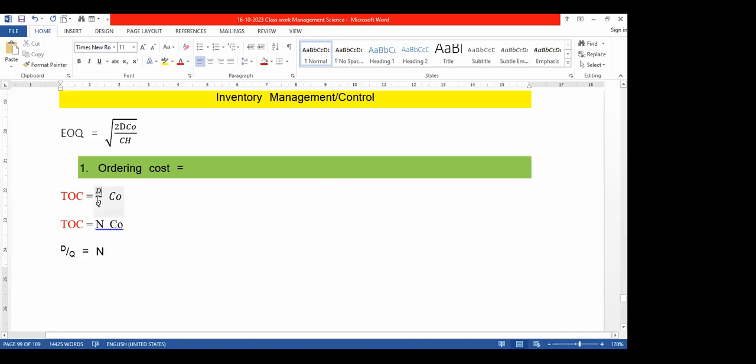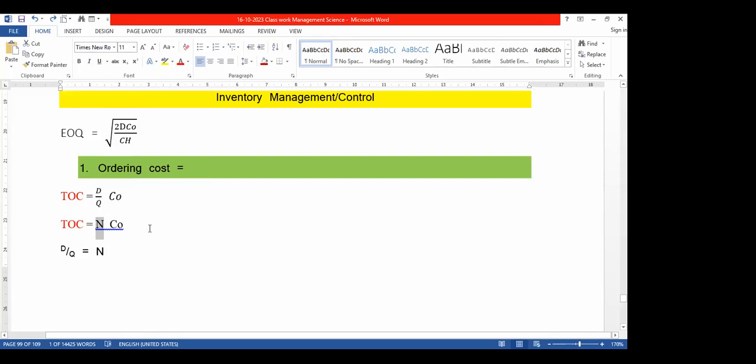So this portion, D over Q, is equal to N. Capital N stands for number of orders, right? Note it somewhere here.